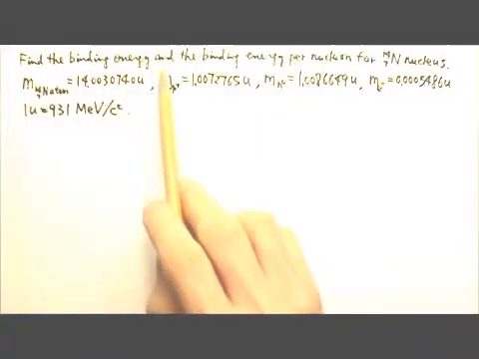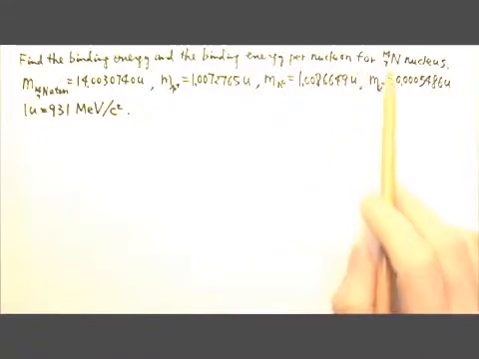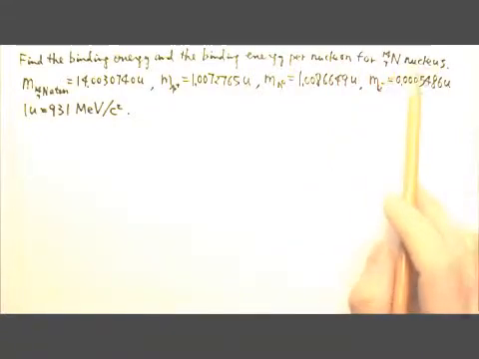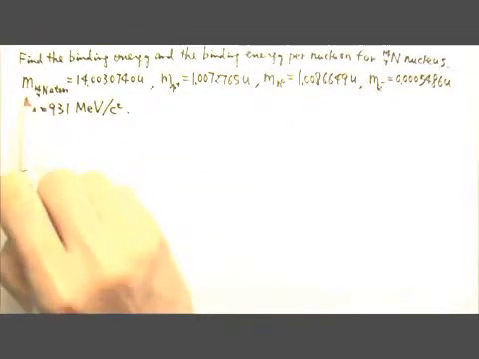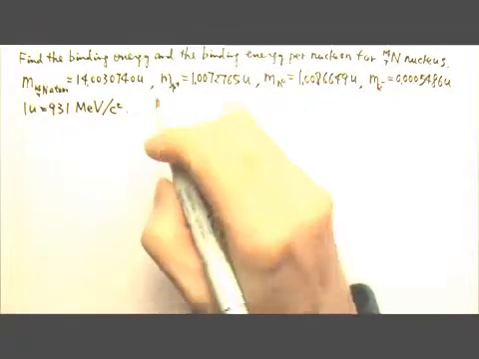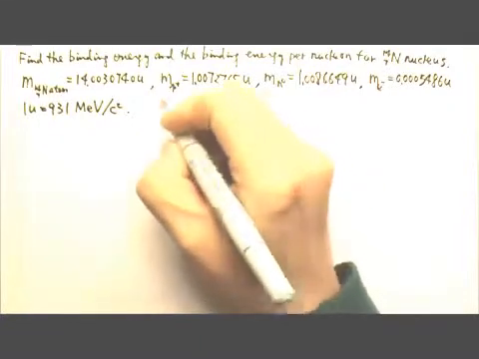Find the binding energy and the binding energy per nucleon for the nitrogen 14-7 nucleus. Because we're given the mass of the nitrogen atom, we have to start with the nitrogen atom.